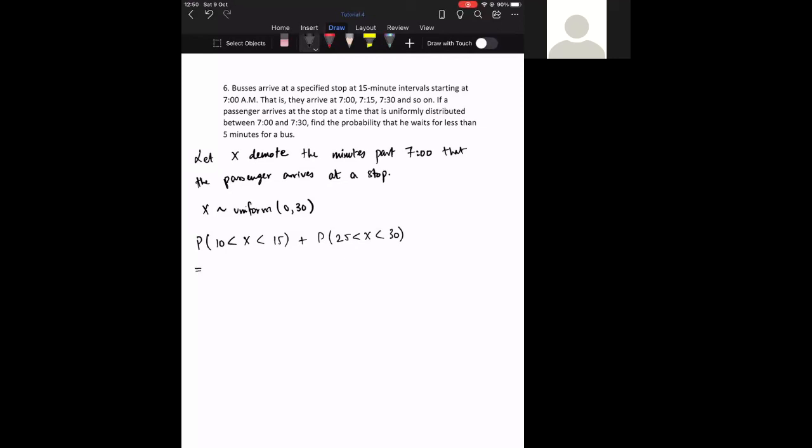So for a uniform random variable, if we're looking for the probability that A is less than X is less than B, or for any continuous random variable for that matter, we know the PDF of a uniform random variable, with two endpoints A and B, is equal to 1 over B minus A. Sorry for making this a bit messy, you can ask me if there's any confusion.